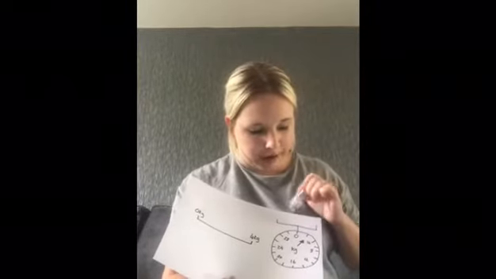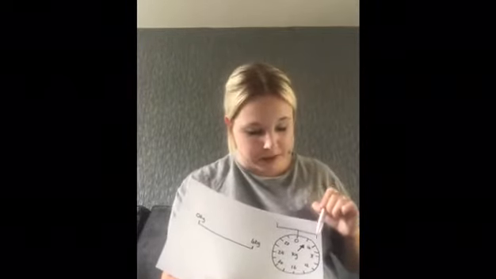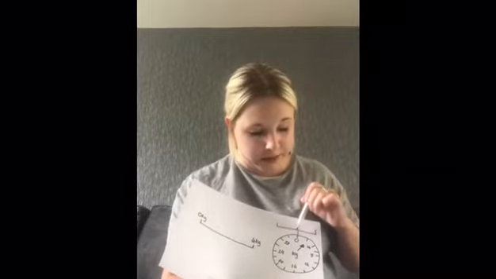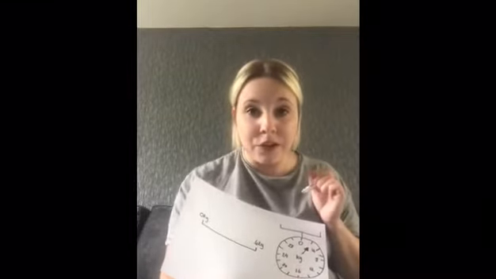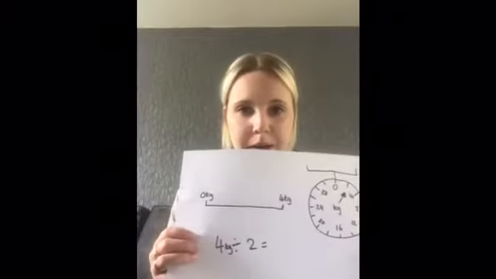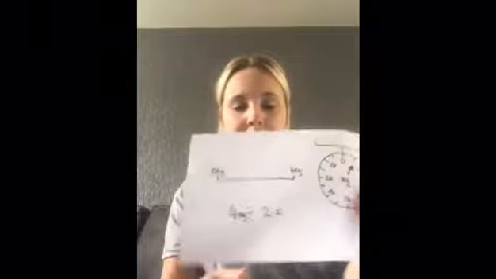Now let's work out how big the gap is. So the difference between 0 and 4 is 4 kilograms. So to work out what each interval is worth, we can do 4 divided by 2, okay? Because it's 4 kilograms and there are 2 intervals in between, okay? So 4 divided by 2 is obviously 2.